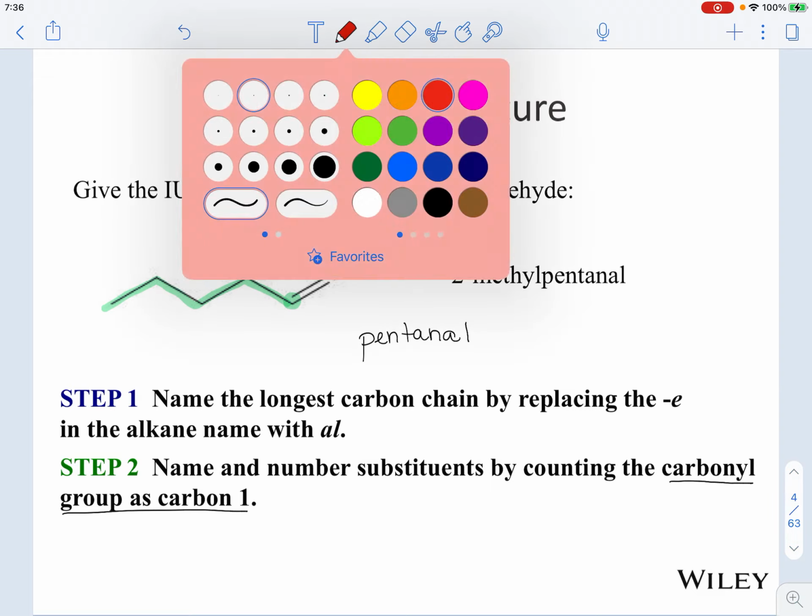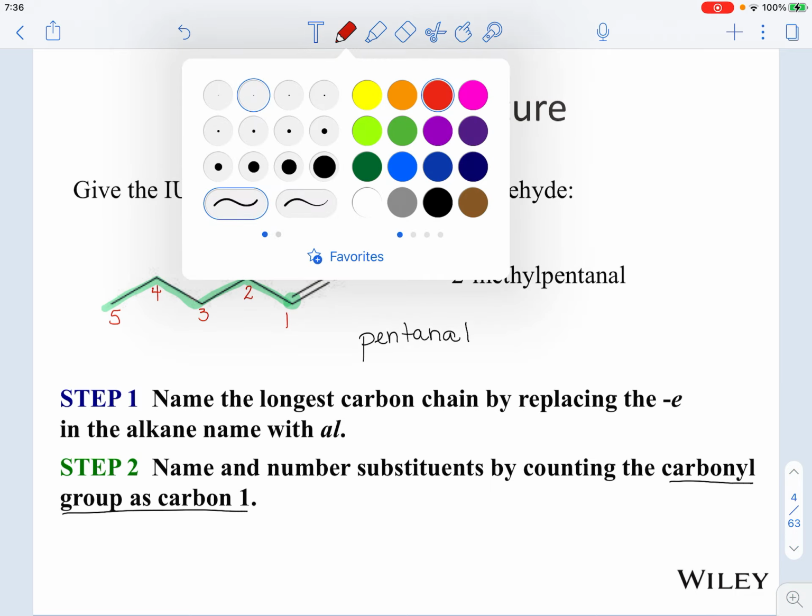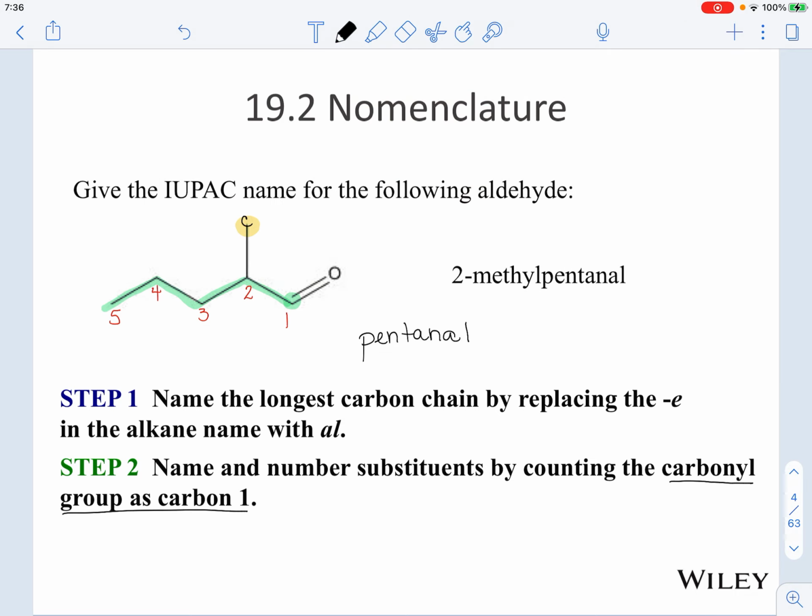So when we name the following aldehyde, this is going to be carbon 1, carbon 2, carbon 3, carbon 4, carbon 5. Now, here we have as a substituent, which I'm highlighting in yellow, a single line, which we know that that represents a CH3. That means that our substituent here is going to be a methyl group.